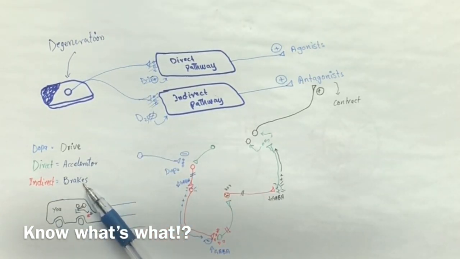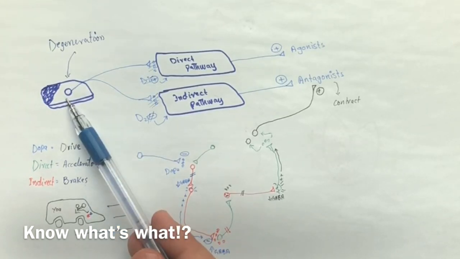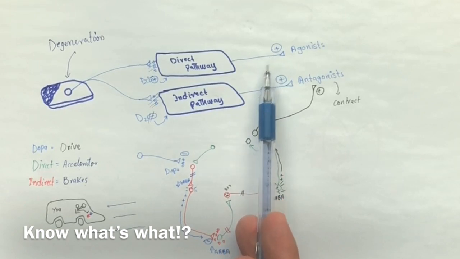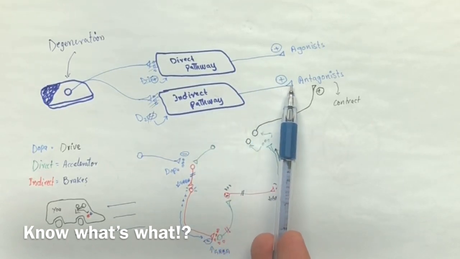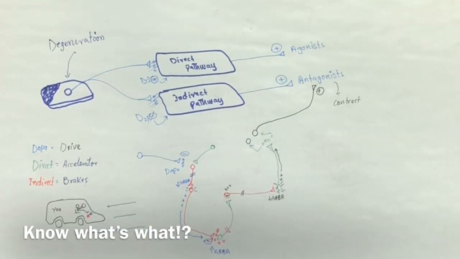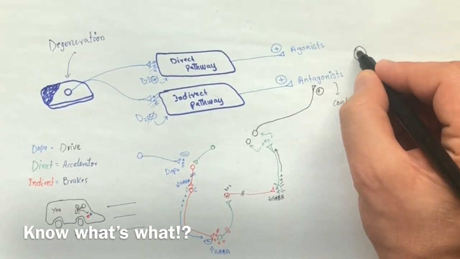Sometimes they fall or they cannot turn around very fast, like they can't take a U-turn. So that's why the dopaminergic system works like the driver in your body, and you're the vehicle, and the direct pathway is the accelerator and the indirect pathway the brakes.